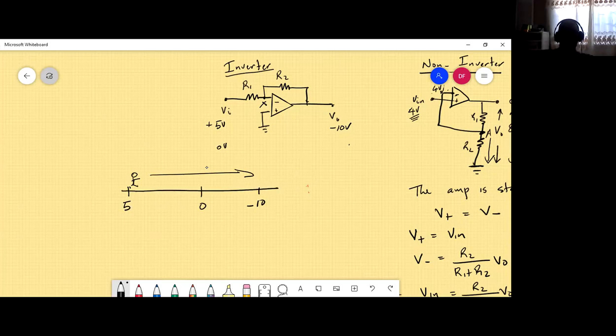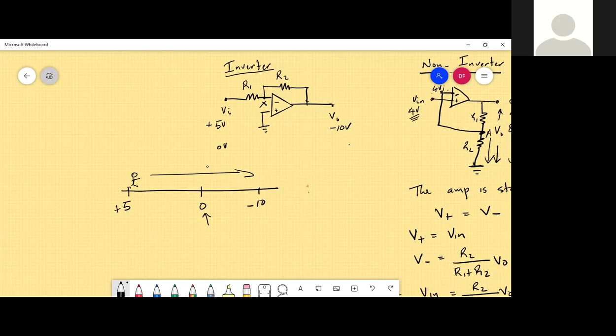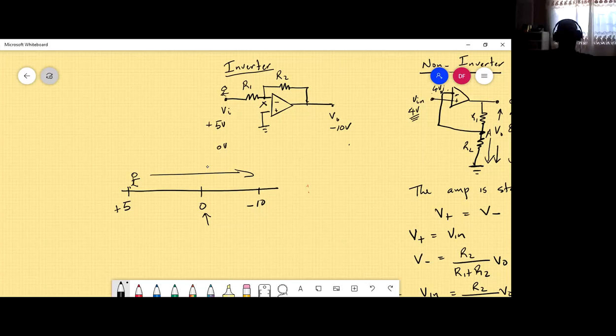I'm heading along this line here. You agree? Yes, sir. All right, so I'm heading along this line from +5 to -10.